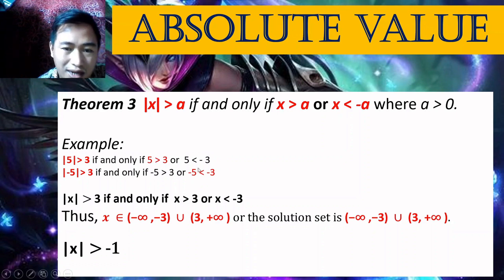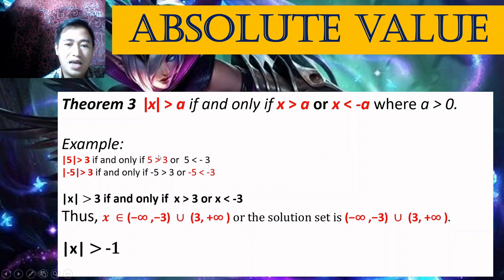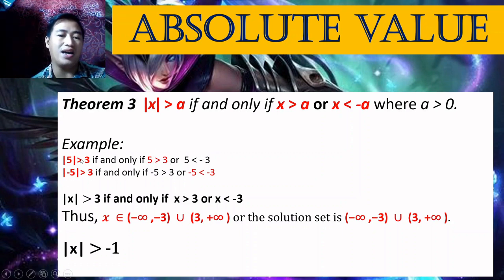So, as you can see here, class, dili siya ang true lang. Si 5 greater than 3 or man na siya class, or. So, pwede lang isa ang true nilang duha. So, true siya. Na kung negative 5 siya class, greater than 3, if and only if, again, ipuli dito sa negative 5 man si x, so negative 5 greater than 3, and then x, negative 5, less than negative a. So, in negative na to si 3, negative 3. Okay?